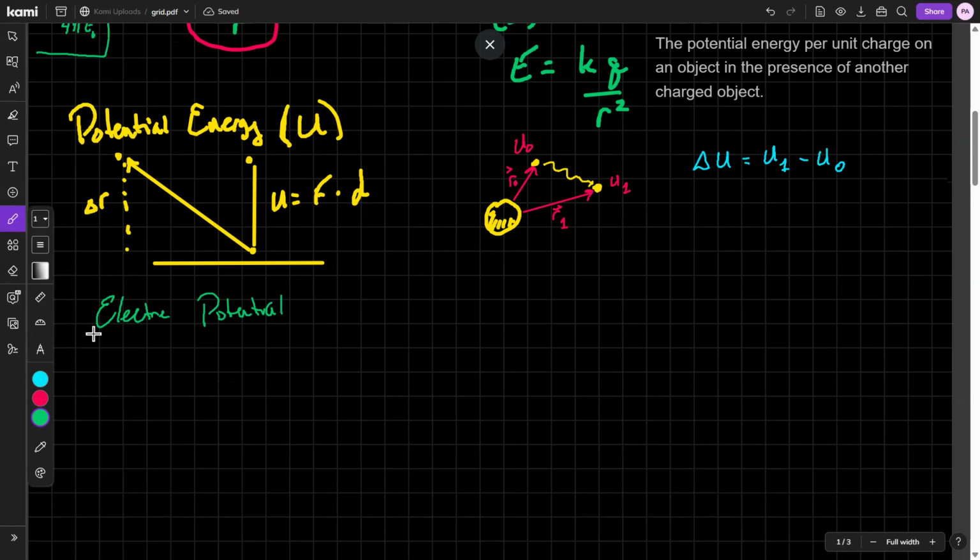Okay, and this is based on a very similar thing, that our potential energy of our electricity, okay, still equals our force times our change in distance.